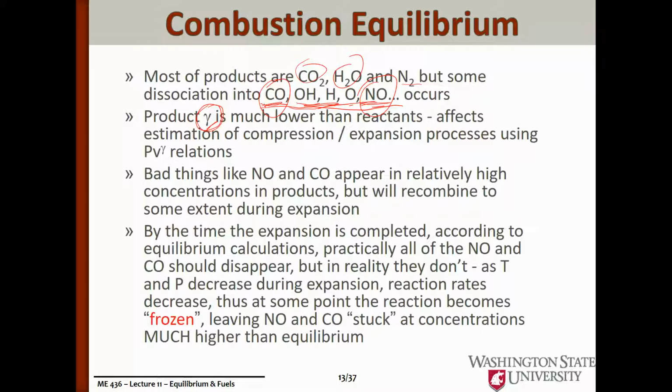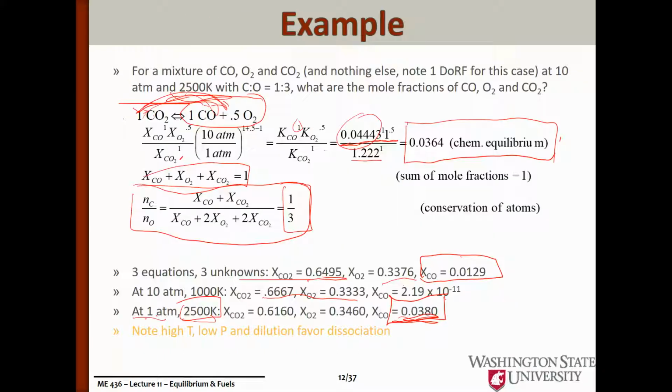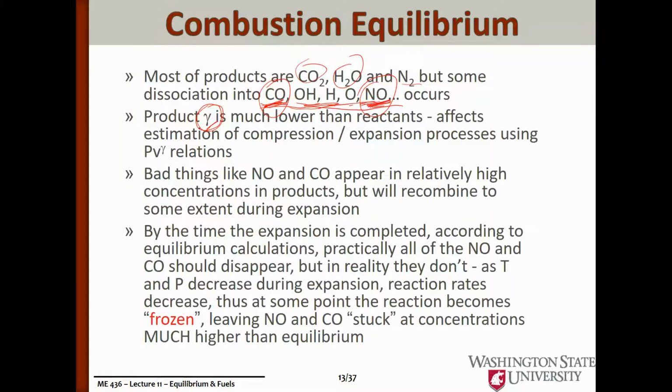Well, equilibrium at 3000 degrees says there's lots of these carbon monoxides and nitrous oxides. But at 700 or 800 degrees, there's almost none. And that's what I was showing you back here on this last slide. At 1000 degrees, there's basically no carbon monoxide, whereas at 2500 degrees, there's a significant amount. So what is happening during the expansion as it cools, as we take work out of that fluid, the equilibrium is going to change.